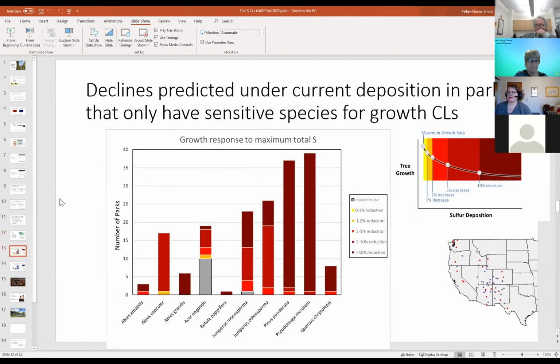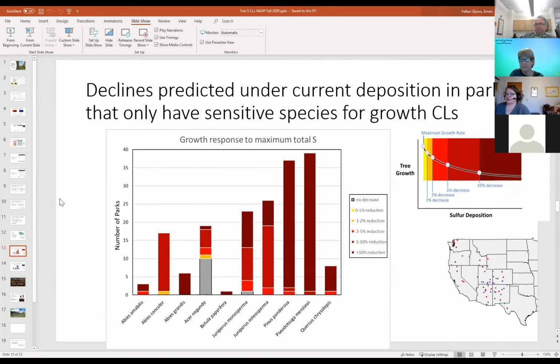And when I do that, you can see that there are declines predicted under current sulfur deposition in this subset of parks. For this graph, a single column represents all the instances of a single species across this whole subset of parks.